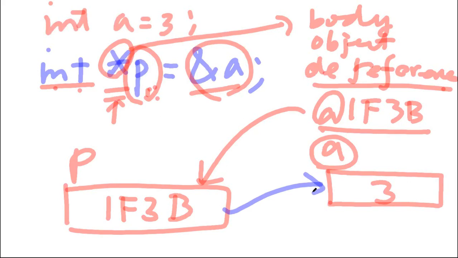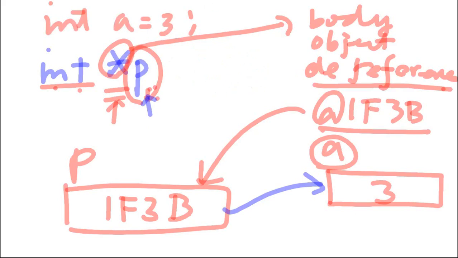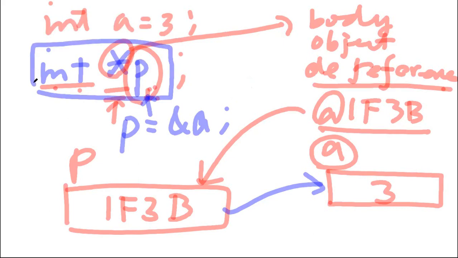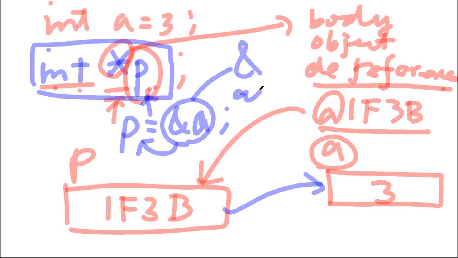But remember, this one actually is a declaration. If we do not assign a value over here, and we just declare it, then on the next line we can put P equals address of A. So this side we just declare a pointer, and right here we save the address for this guy there. The ampersand sign is for the address, and the star sign we call body.